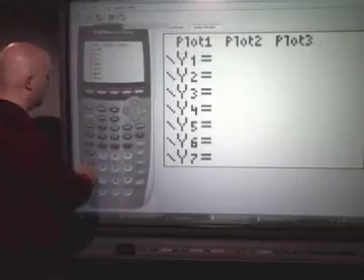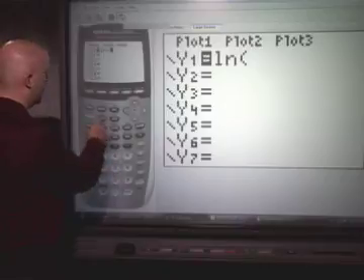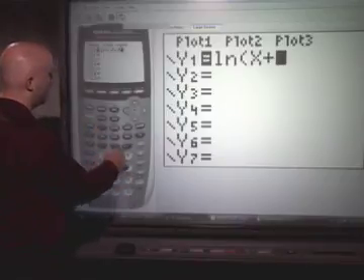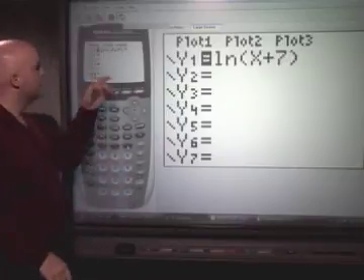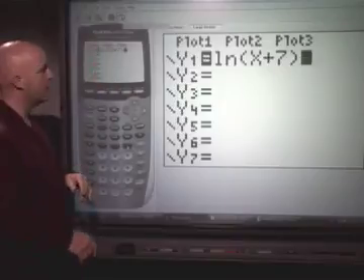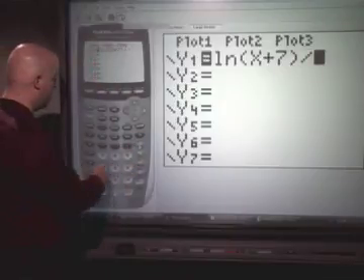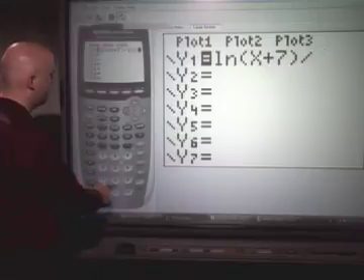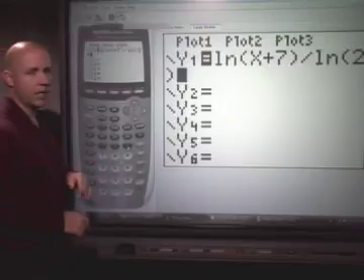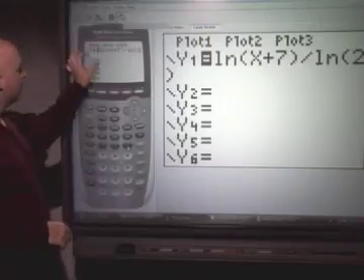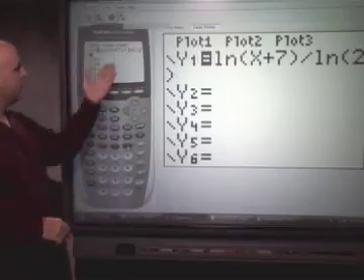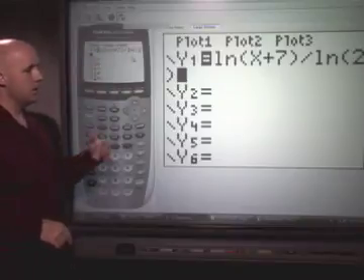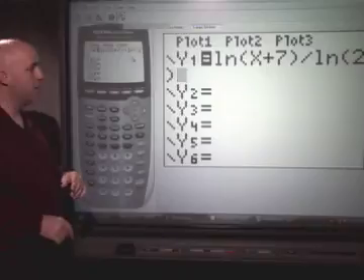So we'll use the natural log of (x plus 7), close parentheses, so we're taking just the natural log of x plus 7. We need to then divide by the natural log of 2 using our change of base formula. So this quantity, the natural log of x plus 7 divided by the natural log of 2, is equivalent to log base 2 of x plus 7.